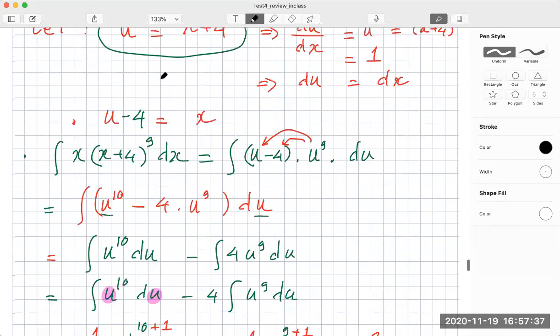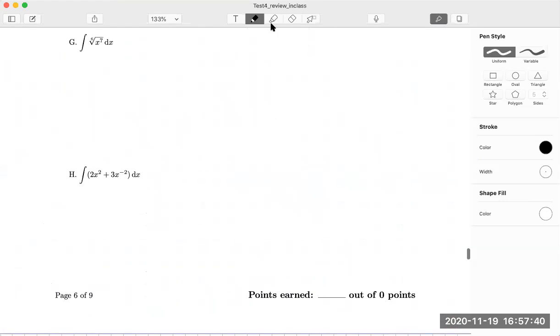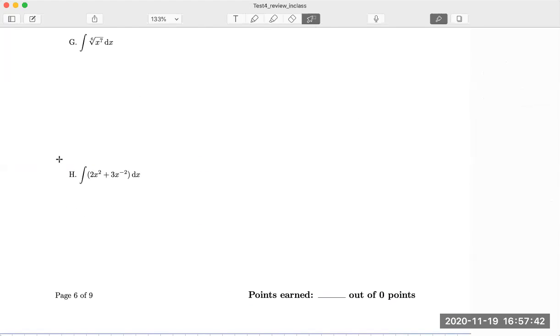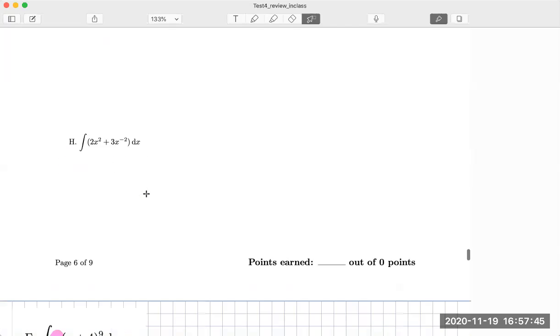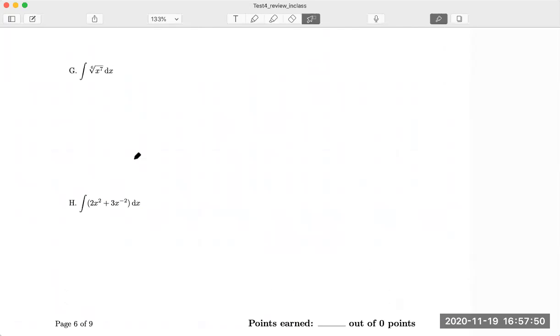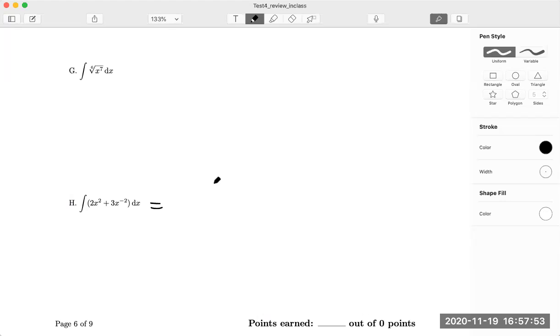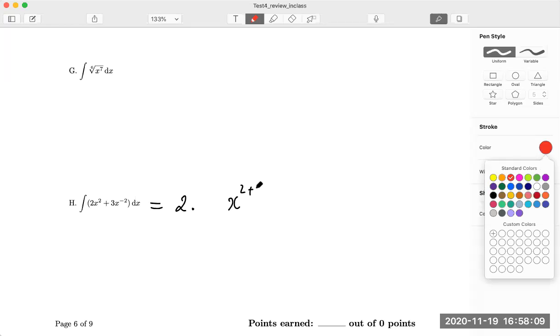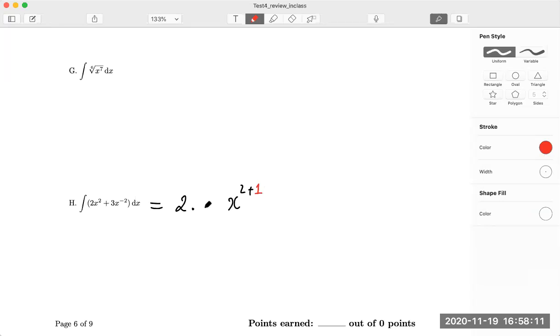And the next one will be this one. I think it's not difficult. We can do it directly here. Antiderivative of each of them. The number, we just rewrite it here. Antiderivative of x squared will be x to the, what is it here? 1/3.